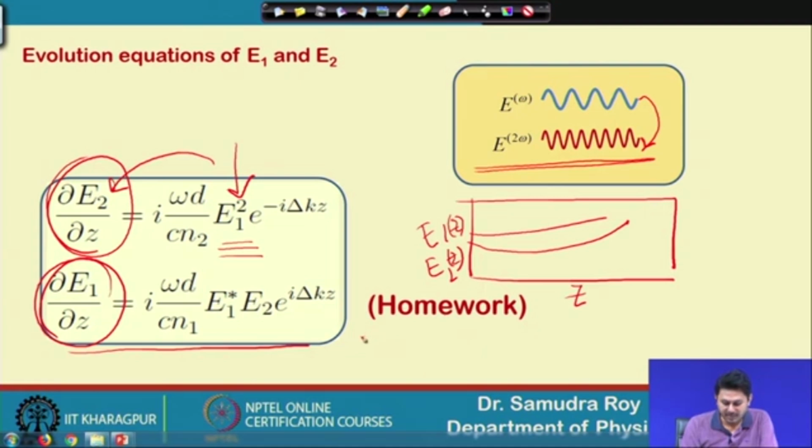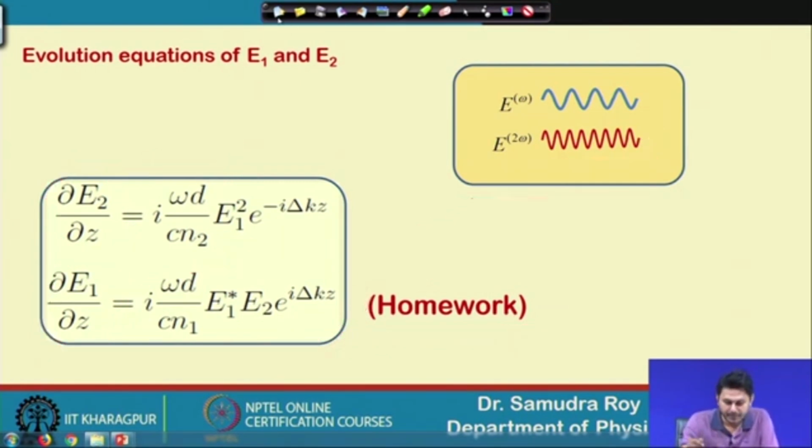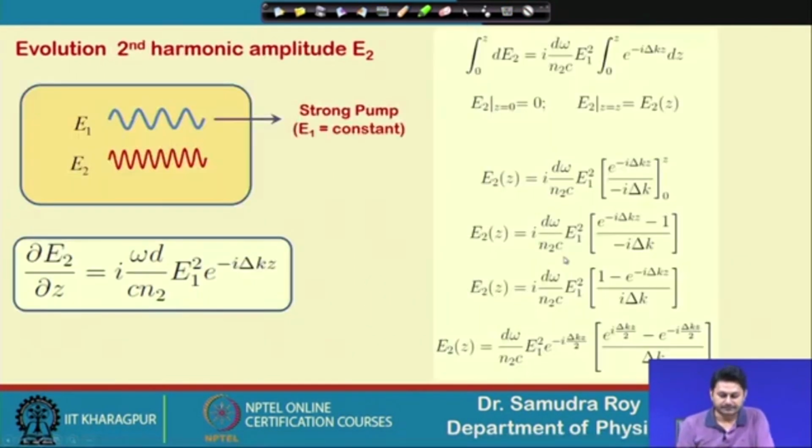Also, in the previous class there was a homework. I believe all of you have done this homework and have this expression in your hand. So, with this confidence, let us go to the next slide. Our goal here is to find a solution of these coupled equations. Physically, let us understand what is going on.